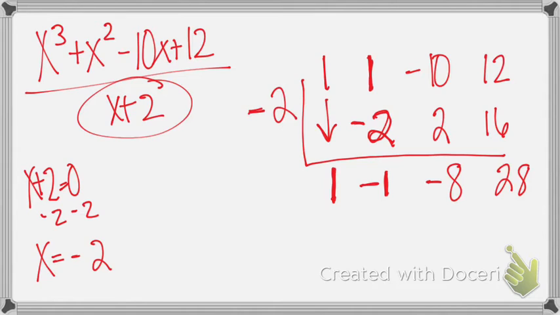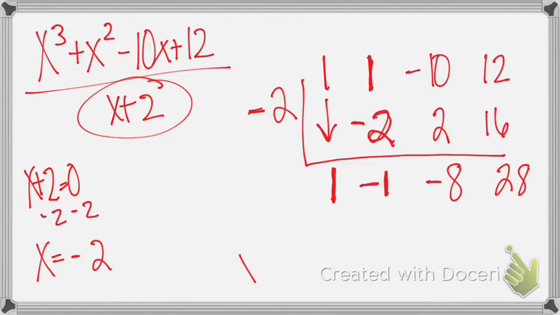Now, remember from a few weeks ago when we did synthetic and long, your answer, your quotient, always starts with 1 less power. So, since we started with an x cubed, we're going to start with an x squared.